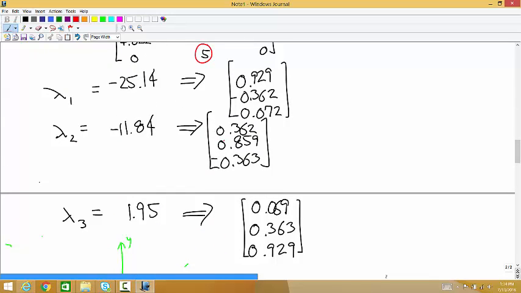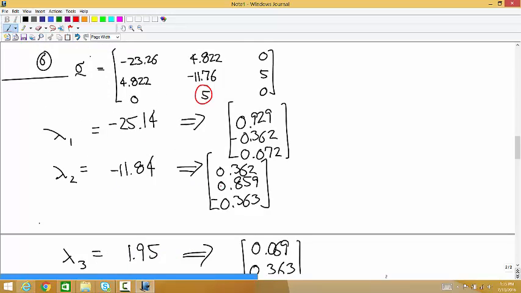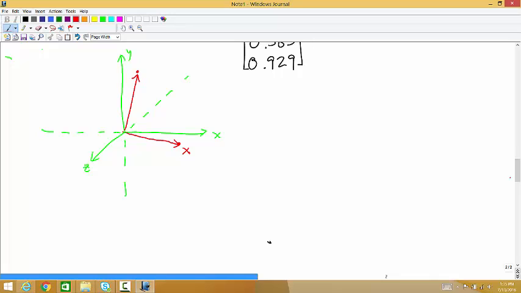And then the second one is mostly in the y direction, but a little in the positive x and a little in the negative z. So that's over here somewhere. And the third one is mostly in the z direction, but a little in the positive x direction. So something like that. It's pretty hard to draw in 3D convincingly.